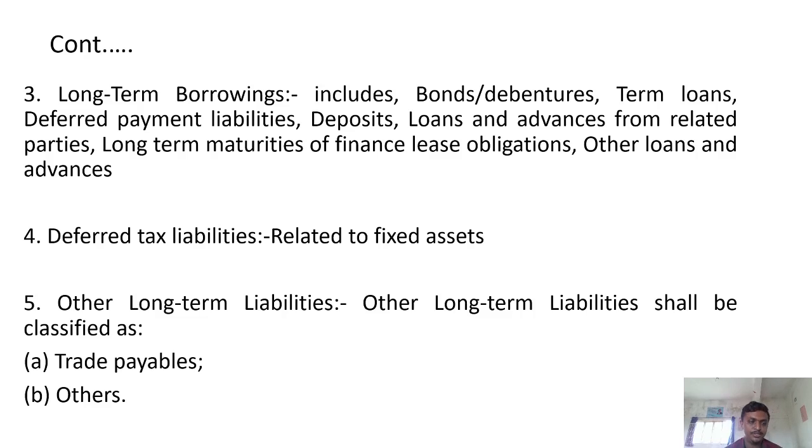And note number 5, the other long-term liability shall be classified as trade payables and others, that is related to the trade payables relating to the borrowings of capital assets. So the payables created on capital assets are treated as other long-term liabilities here.